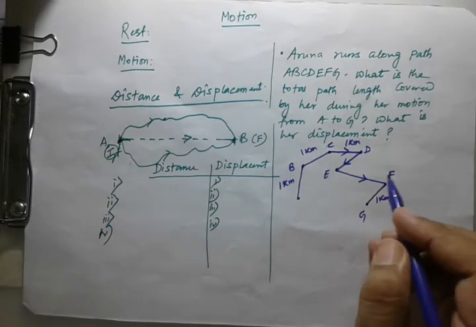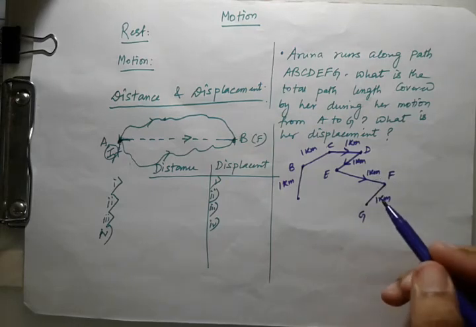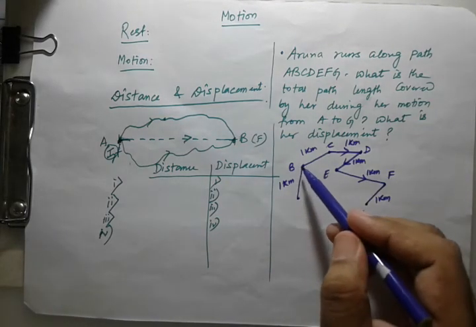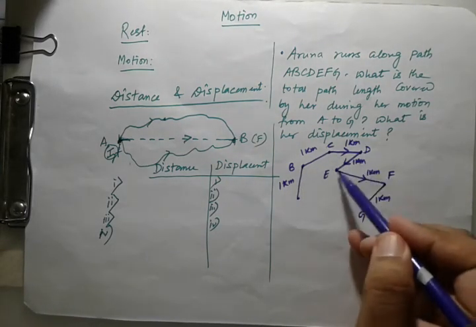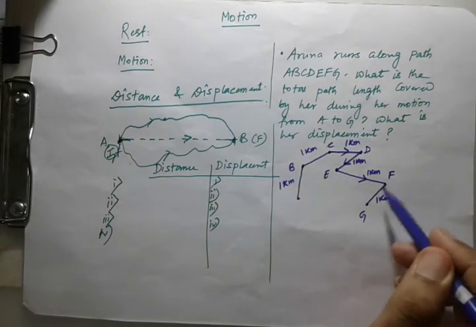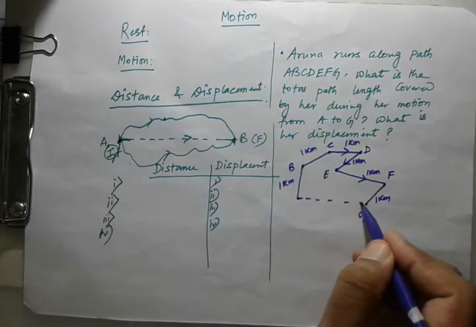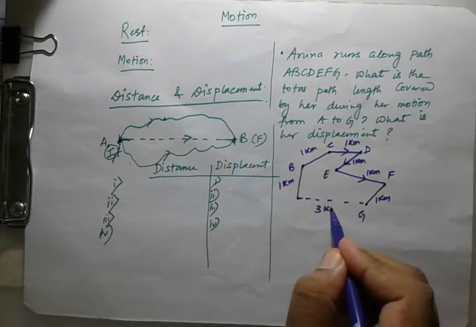They're all 1 kilometer each: AB 1 kilometer, BC 1 kilometer, CD 1 kilometer, DE 1 kilometer, EF 1 kilometer, and FG 1 kilometer. Now from A to G, the straight distance is given as 3 kilometers. So these are the things given.